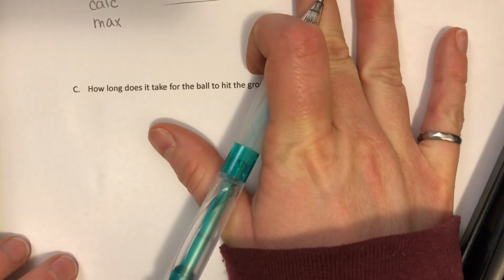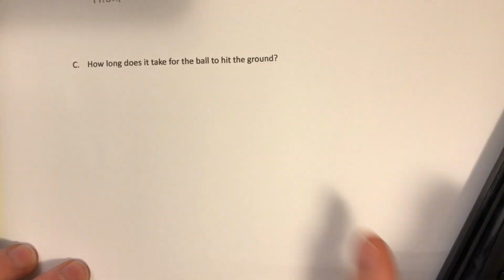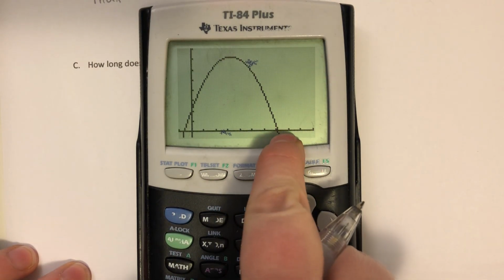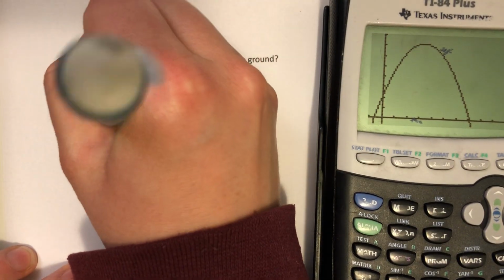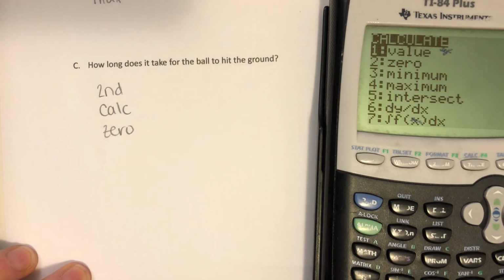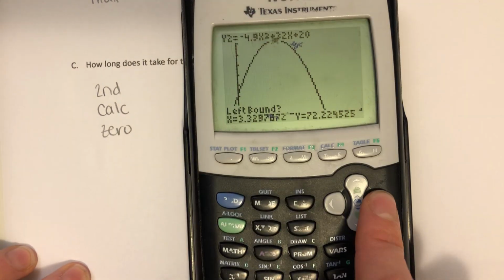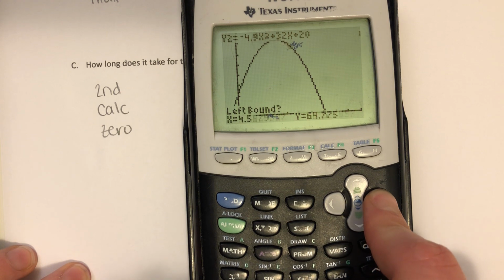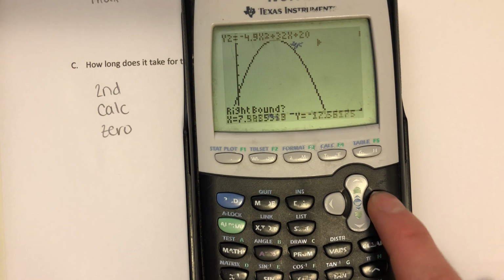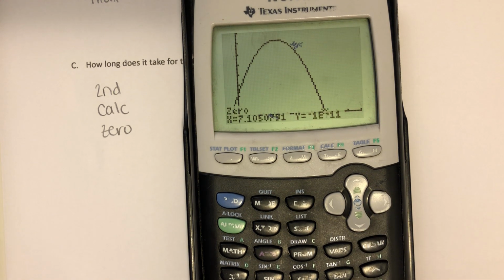How long does it take for the ball to hit the ground? So again, that's going to be my x-intercept there. So I'm going second calc 0. I got to give it a left boundary and a right boundary.